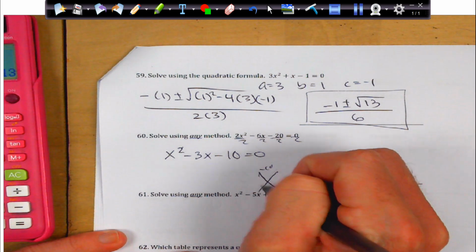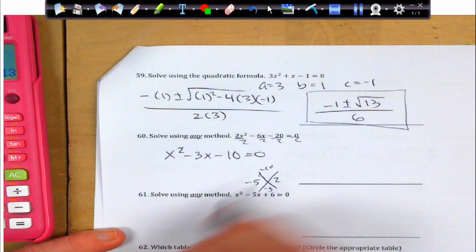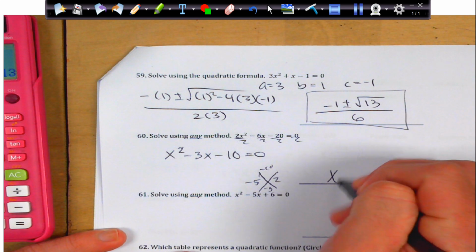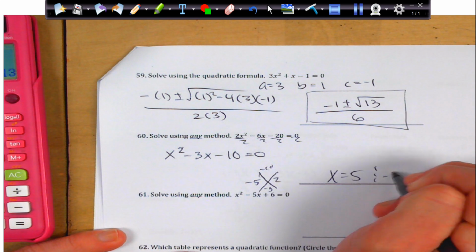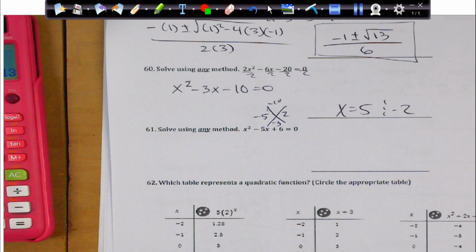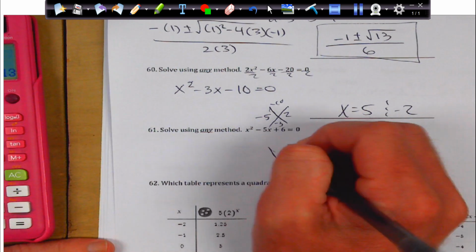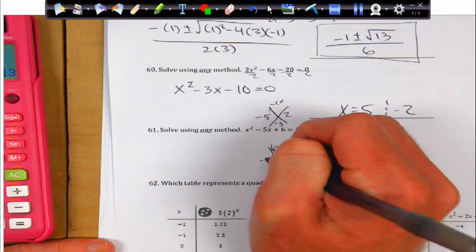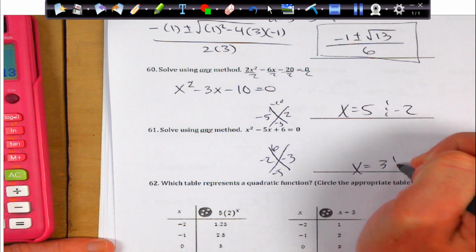Let's take a look. Negative 5, positive 2. Yep. And if it's a simple one like this, we just go with the opposite answers. And there we go. And this one, again, I think negative 2 and negative 3 would work. So 6 and negative 5, so negative 2, negative 3, which would make my answers 3 and 2.